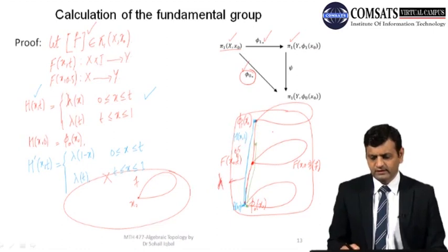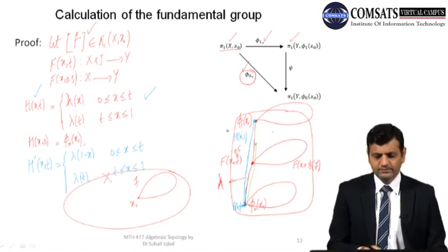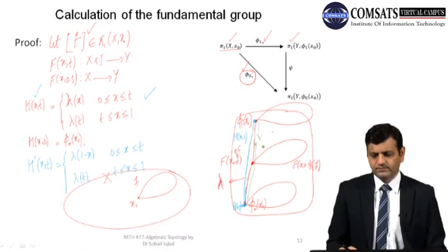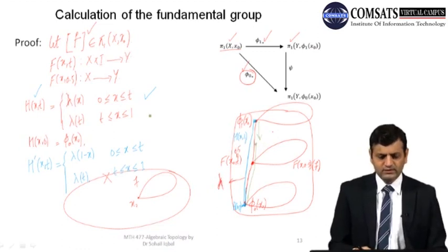As t increases gradually, I'm increasing in this direction, and this h prime does the opposite way. Now consider this homotopy h x t star.